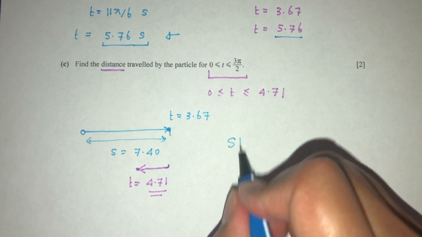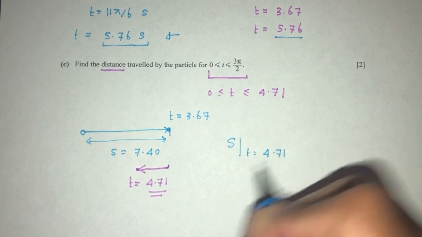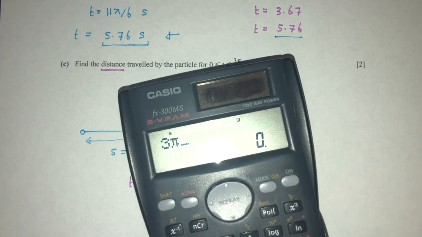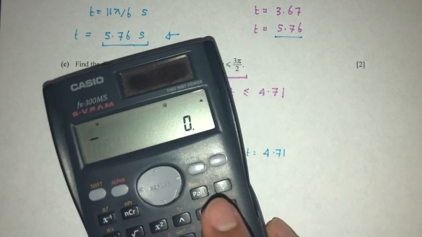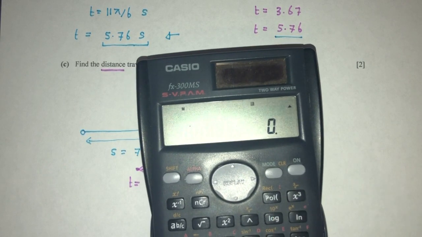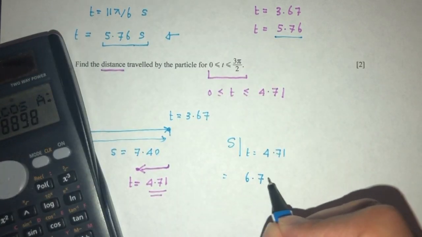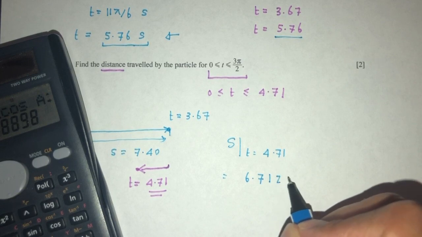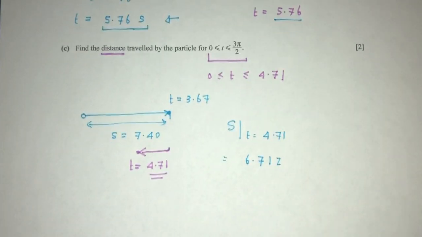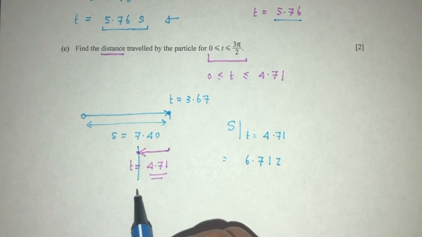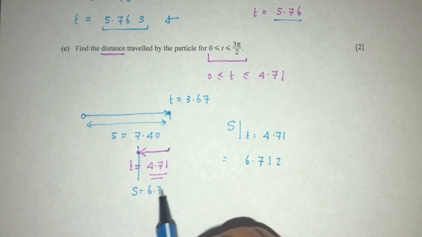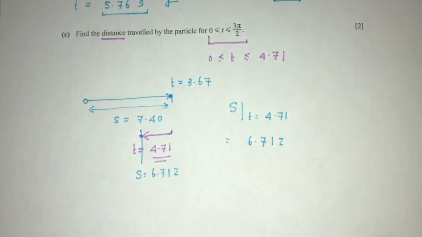So s when t is equal to 4.71. 3 pi over 2 is this, so this is your answer. You have to find the displacement. That will be 2 plus answer minus 2 cos of answer, which will be 6.712. Okay, so basically at this value, I'm trying to avoid saying distance traveled because this is the formula for displacement.